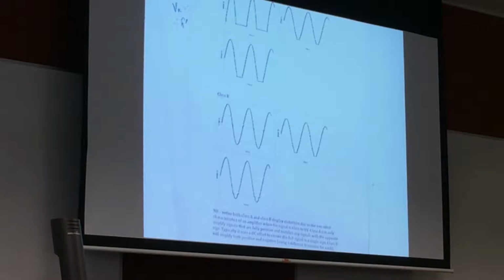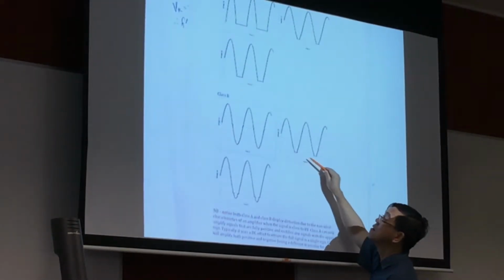And that is about 0.6. So at the crossover, positive 0.6 to minus 0.6, the device is theoretically off. So you see a distortion over at this point.